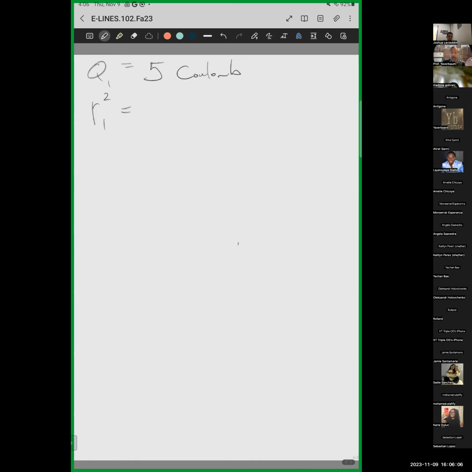Well, Pythagorean theorem, right? I have a triangle there. R1 squared is 5 squared plus 4 squared. Please stop me if that's not clear. I'm looking in the chat. Okay, that's Pythagorean theorem, from the triangle. The distance squared there is 41. That's R1 squared.